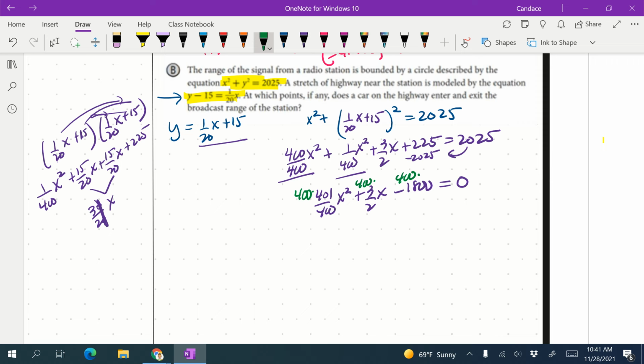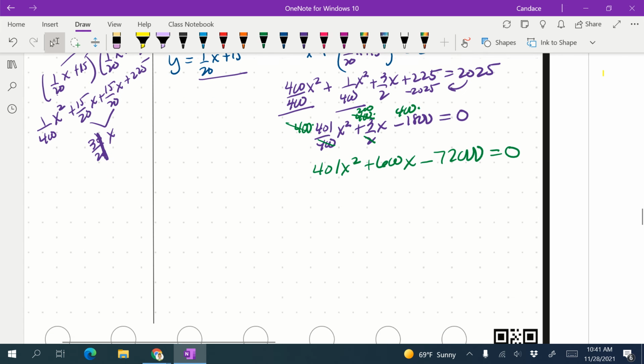What that's going to do is I'm going to be able to cancel here, and I get 401x squared. 2 goes into 400, 200 times. 3x is 600x, and then 400 times 1800 is 720,000. Even though the numbers are huge, it's a little bit better to put in the quadratic formula because we're going to let Desmos or our calculator do that work for us.